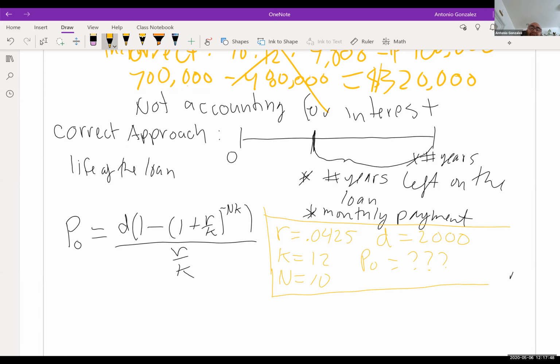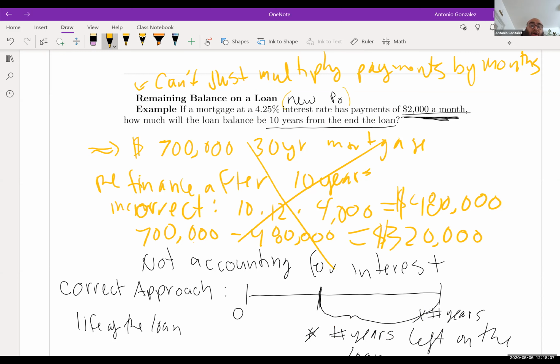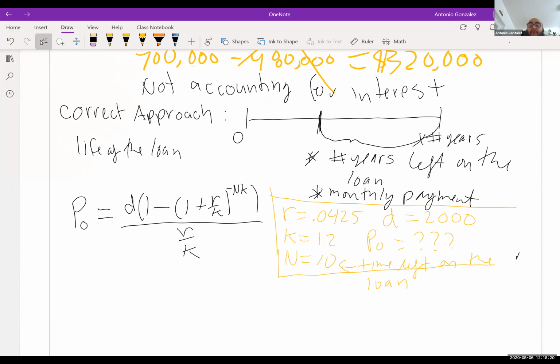In this case, N is the time left on the loan. That's a very important detail. When you are trying to calculate the remaining balance, for all these remaining balance problems, N will always be the time left on the loan.